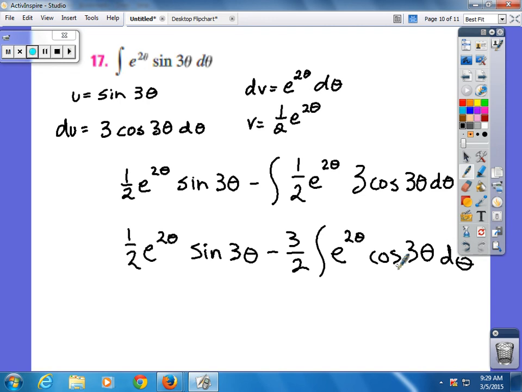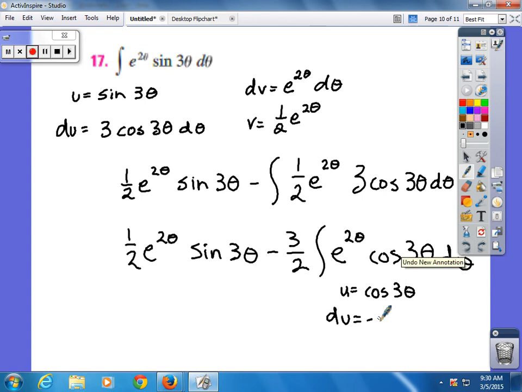Here I'm going to make u equal cosine of 3 theta. So du would be what? Derivative of the cosine is the what? Negative cosine? That's true. Negative sine.